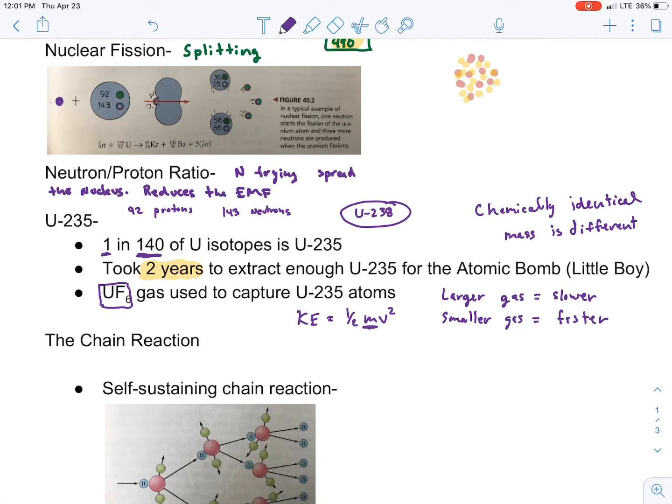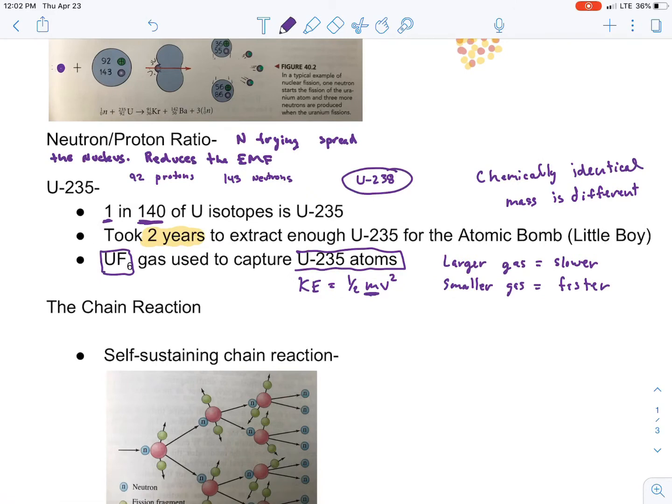And then when you have an increased number of uranium-235, that's what makes fission, and fission in amounts that could cause explosions happen.